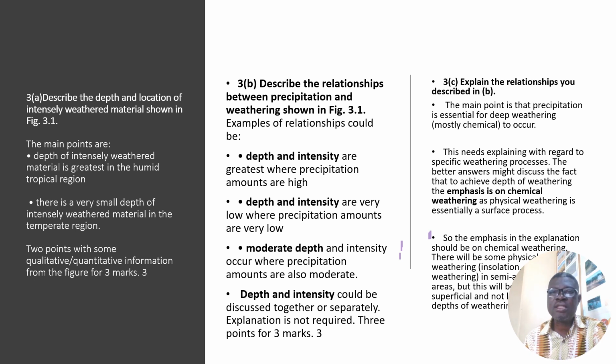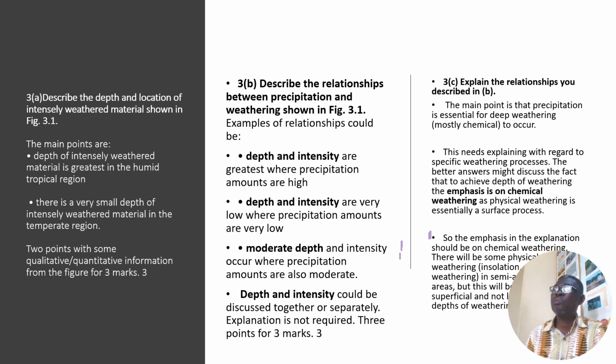The main point is that precipitation is essential for deep weathering. It's okay? And this needs explanation with regard to specific weathering processes, as we're talking about hydrolysis or carbonation, and the type of rocks that are needed to work on that. So the emphasis in the explanation should be on chemical weathering. So carbonation, hydrolysis.